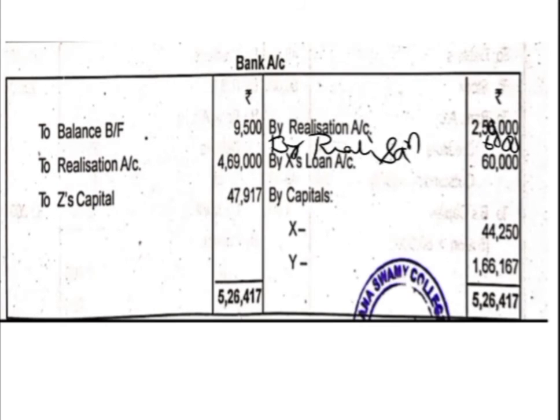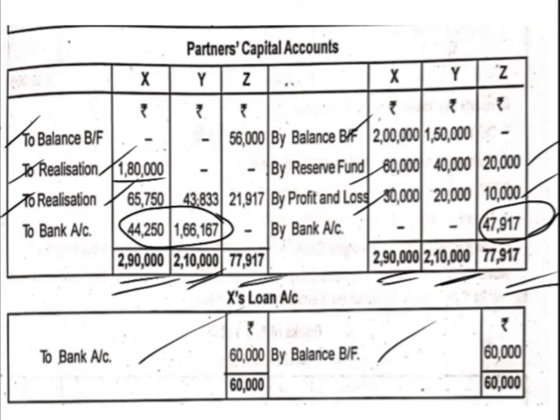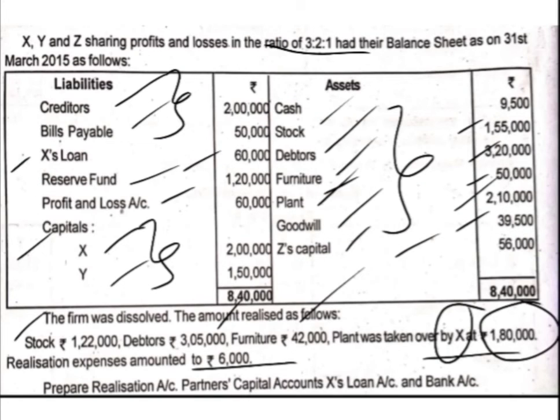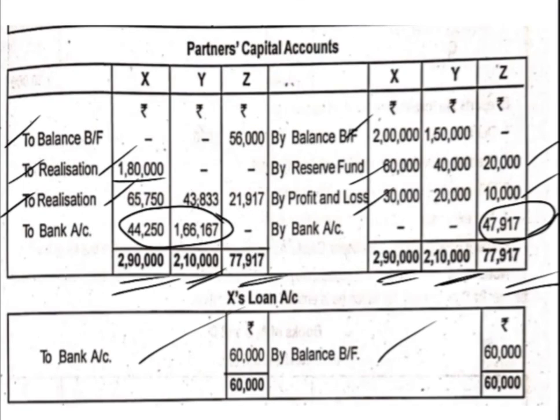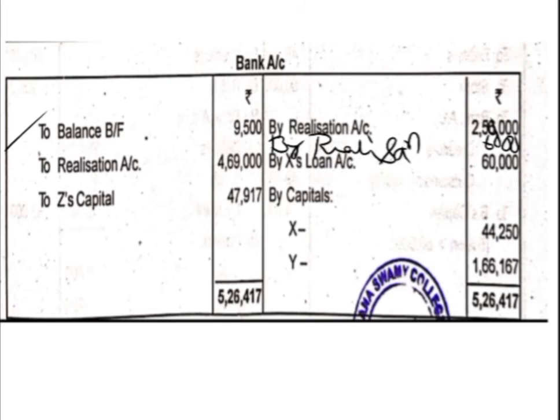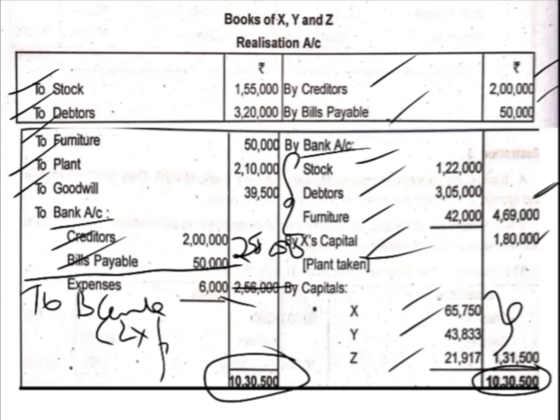The last step, we are going to prepare the bank account. So first we need to check what is the opening cash or bank balance. Here they have given 9,500. So we have to write it as an opening balance, to balance brought down. After this we have to check in the realization account what are the bank or cash related transactions. So this is the one for realizing the assets. Here we have passed the entry bank account debit to realization account.